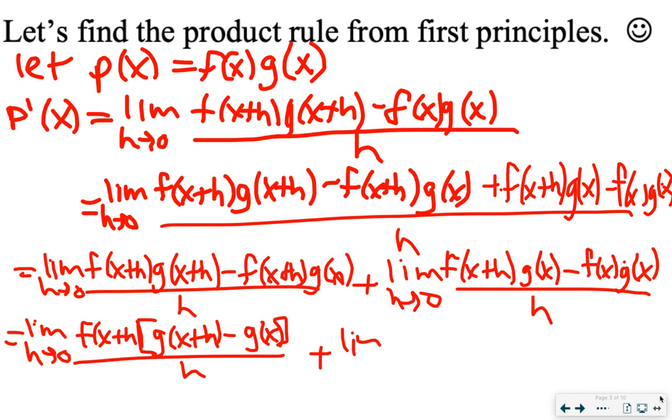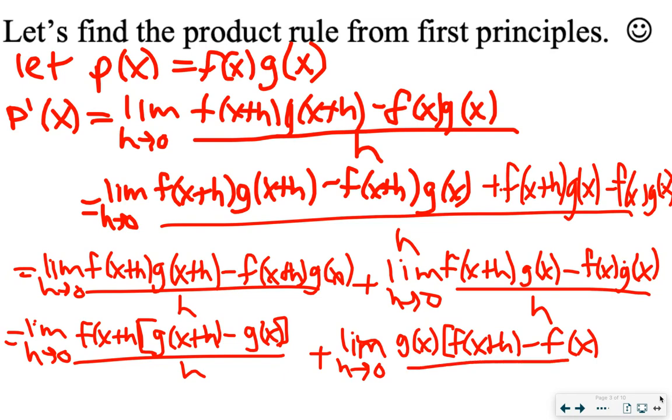We factored out an f of x plus h in the first, and we're factoring out a g of x in the second. Awesome. Since I factored that out, I can also write this as the multiplication of two limits for each of those.